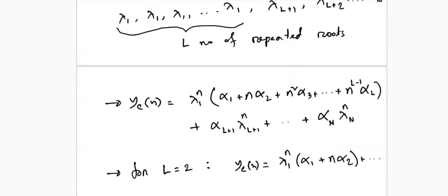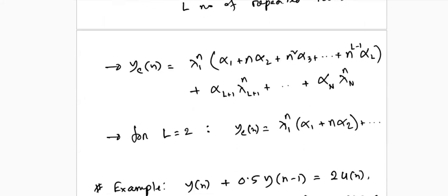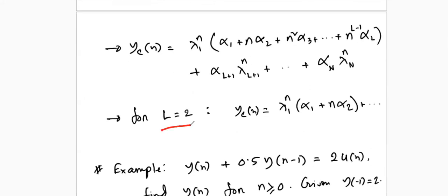If I make it very simple, for L equal to 2, that means I have two repeated roots. In that case, alpha 1 lambda 1 to the power n plus alpha 2 lambda 1 to the power n, but I need to multiply by another n, an extra n over there.